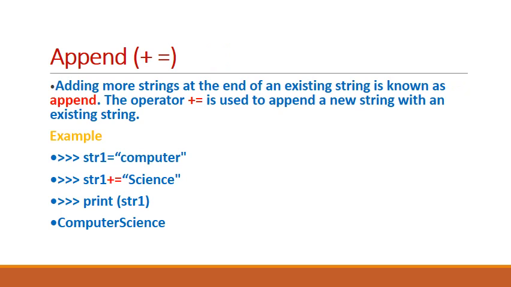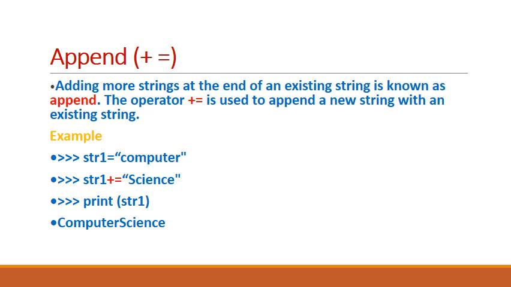Next, append operator. Adding more strings at the end of an existing string is known as append, and the operator plus equal to is used to append a new string to an existing string.